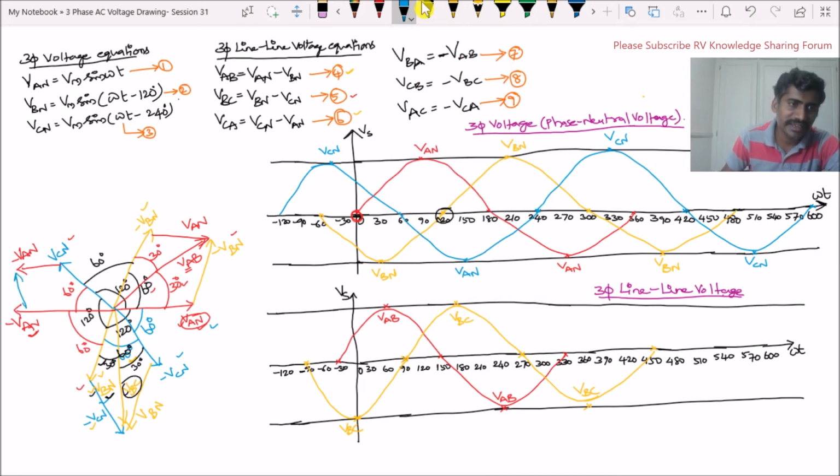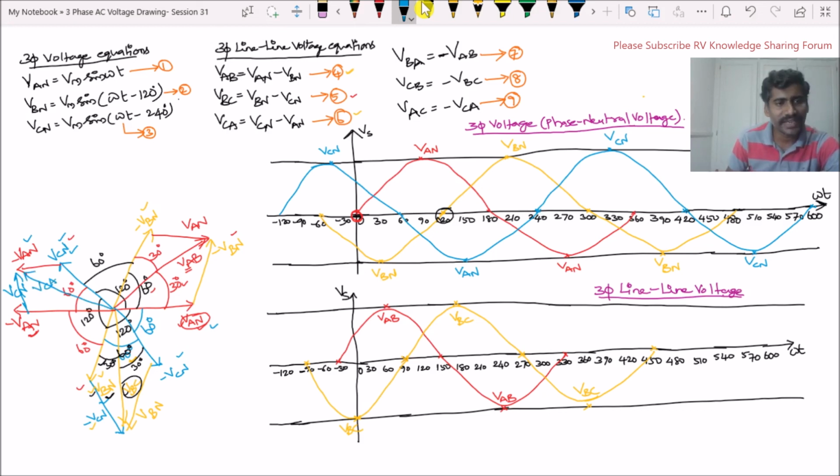So this is our VCN phasor, which is drawn in parallel to this VCN. Now let us add this VCN and minus VAN in order to obtain our resultant voltage vector VCA.